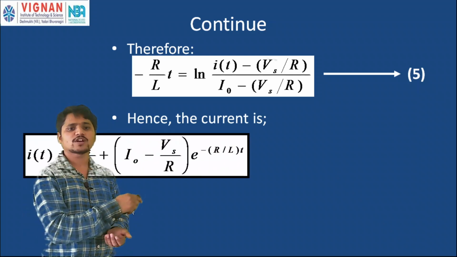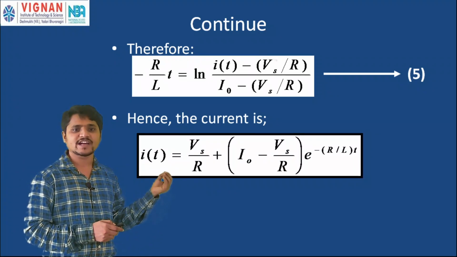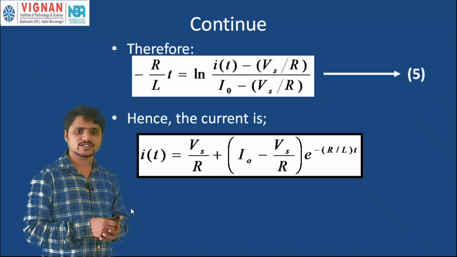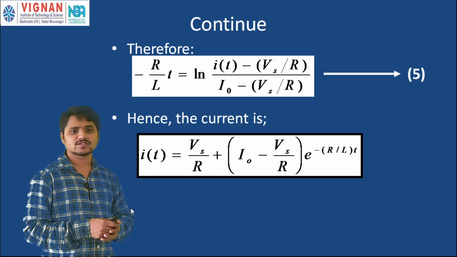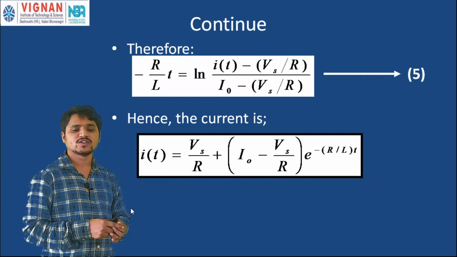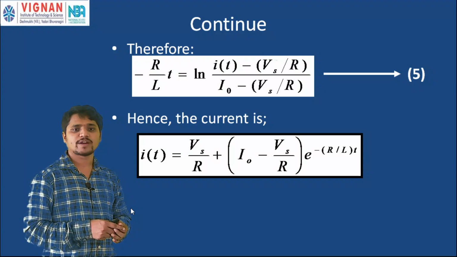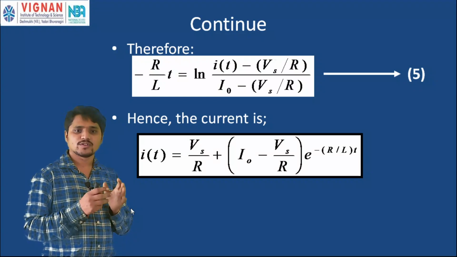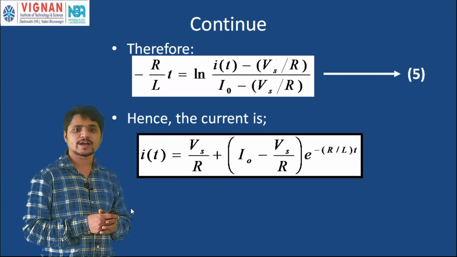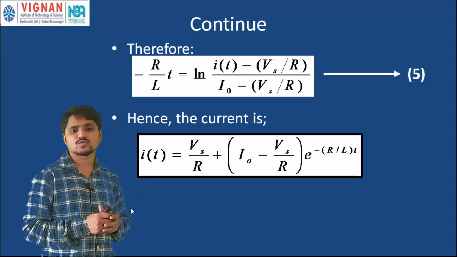Now, what about the current? We want the current i of t. If you remove the ln on both sides, you will get the exponential, that is e to the power of minus R by L into t. So you will get i of t minus Vs by R, divided by i naught minus Vs by R, equal to e to the power of minus R by L into t.